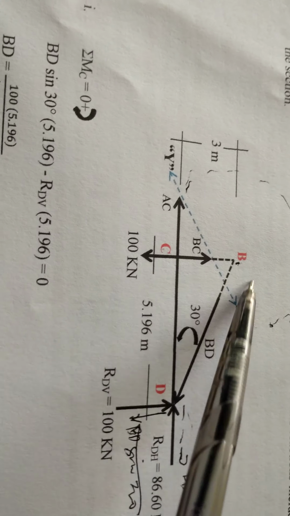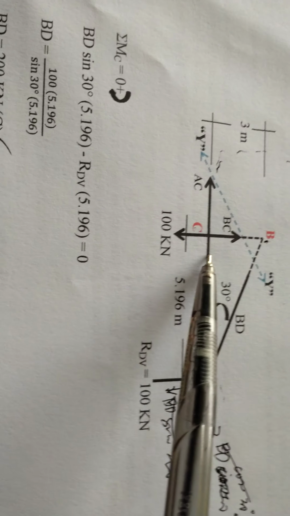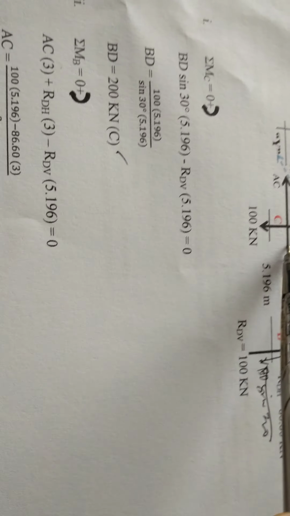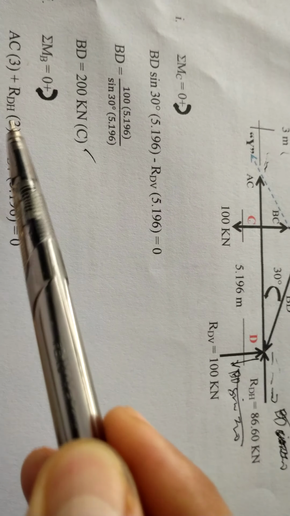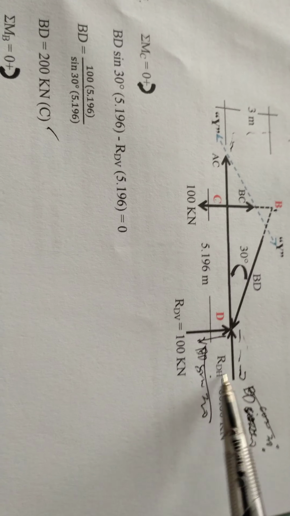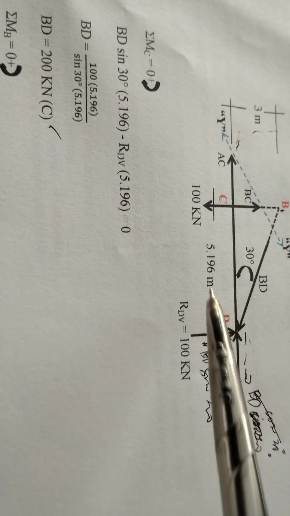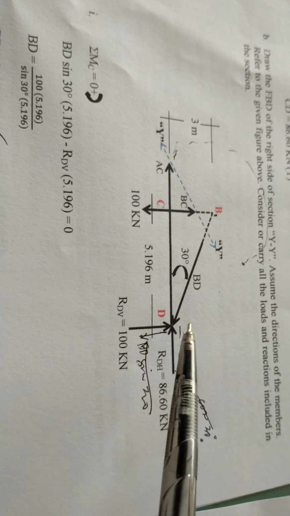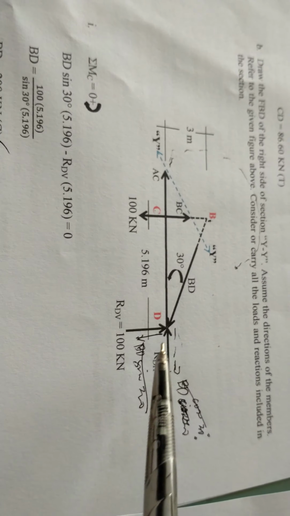The moment arm is 3, plus RDH times 3, still 3 from here to here, and it is again clockwise.